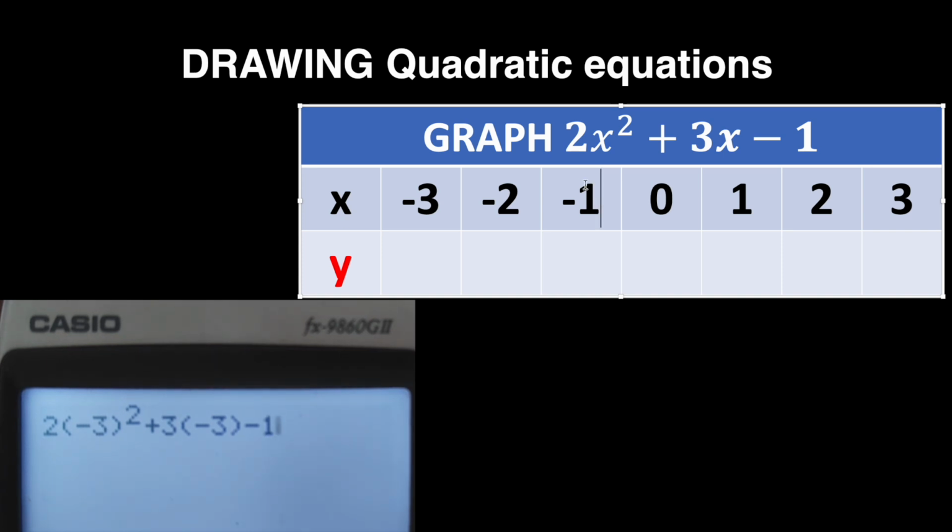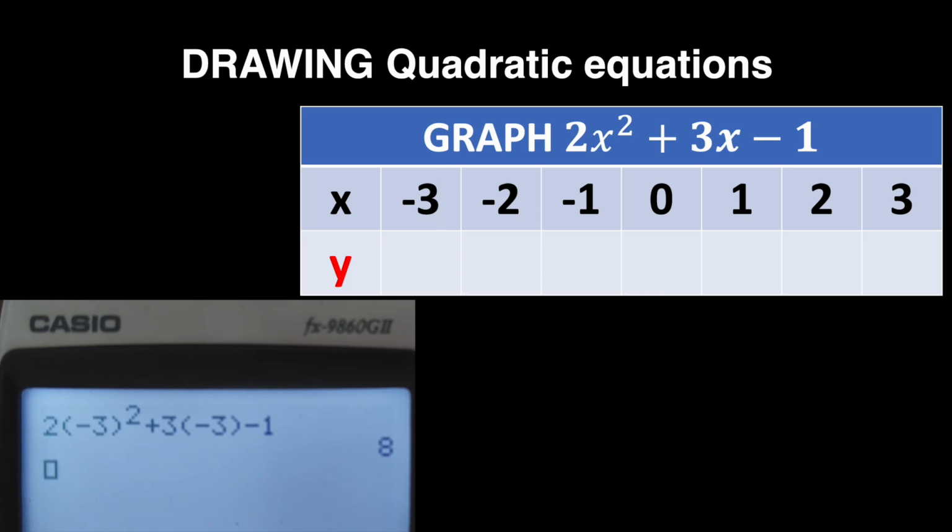If you look at this, it shows the same thing here, but it has our -3 as the x values with brackets around the -3's. When we press equals, we see that that is equal to 8.